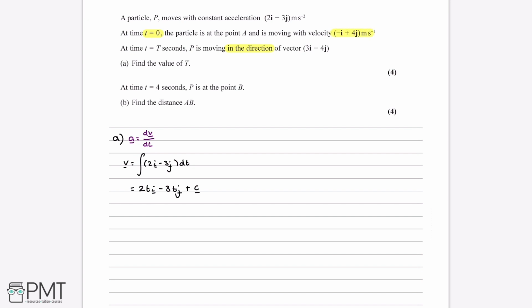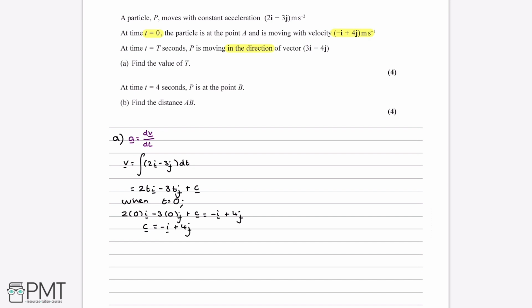So when t is equal to 0, this expression should be equal to minus i plus 4j. Given that these two terms both go to 0 because they're multiplied by 0, we know that c is equal to minus i plus 4j.